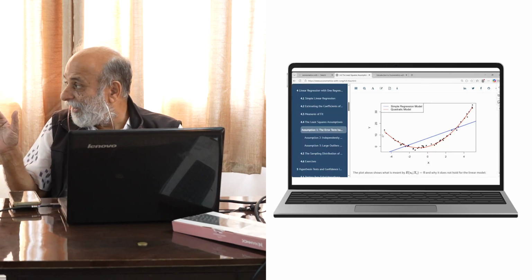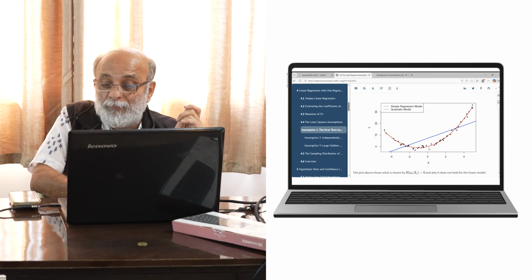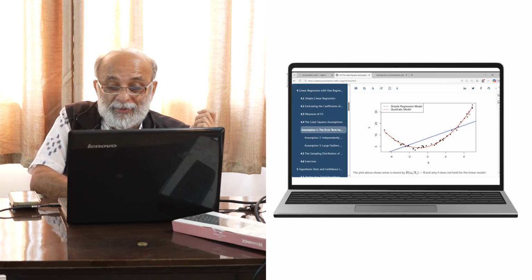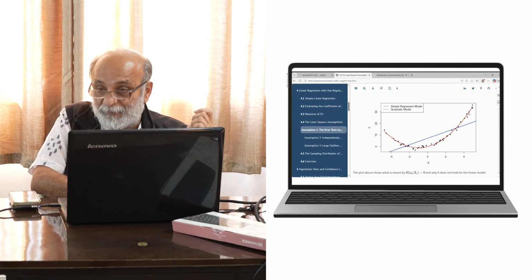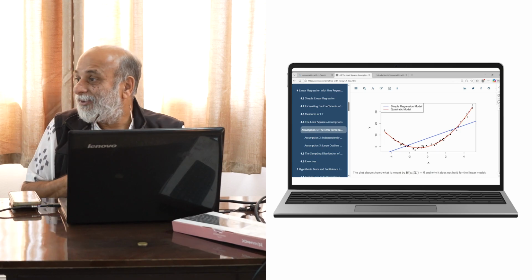They'll cancel each other out, they'll average out. But if you look at the deviations around the blue line, the errors are all positive and large here, all negative and large here, and again positive and large here. So there is no guarantee that they would cancel out.